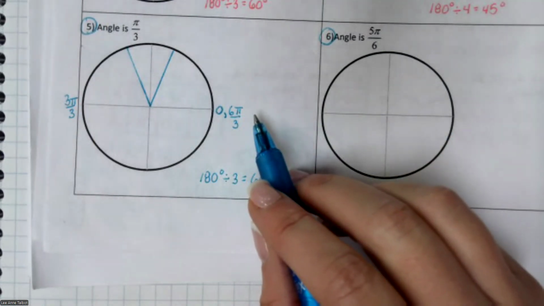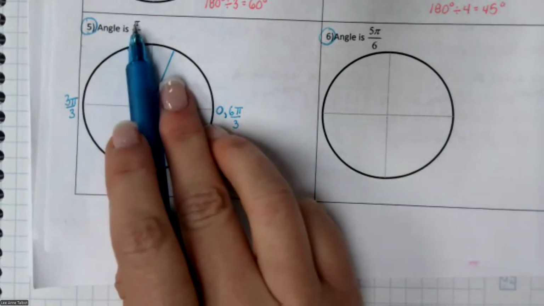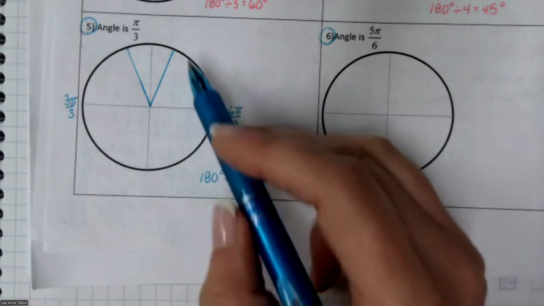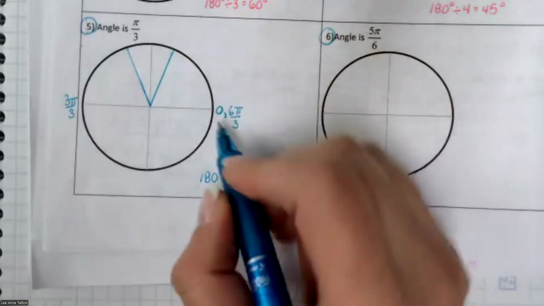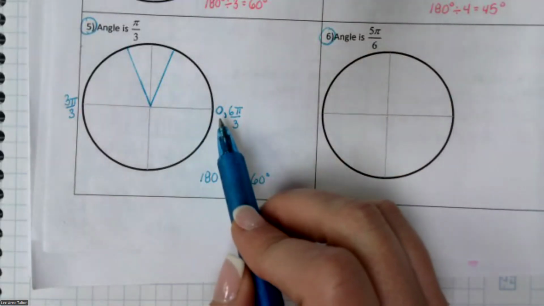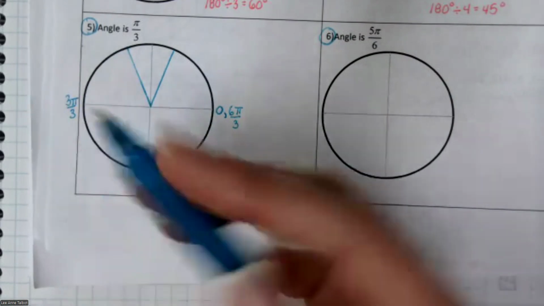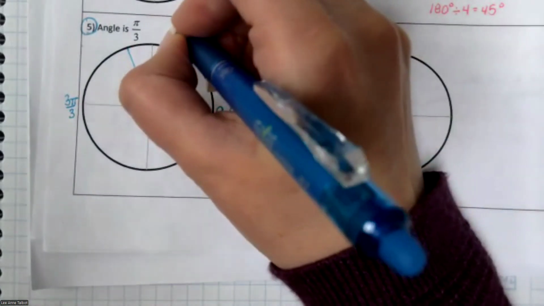Now, where will pi over 3 live? Beautiful. Okay, so I want to count it out, even though I know we know what we're doing. 0, 1 pi over 3, 2 pi over 3, 3 pi over 3. I just want to make sure that makes sense to everybody.